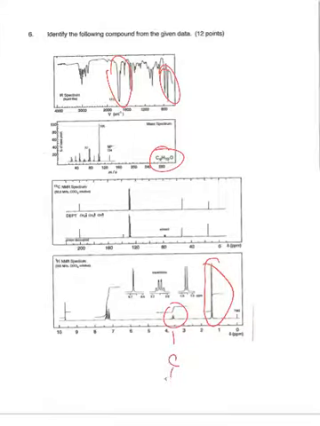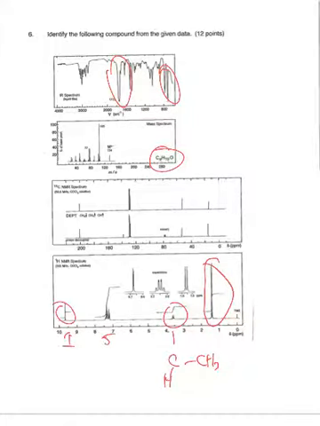The next question, we have a formula of C9H10O, we have a carbonyl, we have a mono-substituted aromatic ring, we have a doublet and a quartet. The quartet tells us this has to be a hydrogen next to a CH3. This tells us we have to have a CH3 next to a hydrogen. When we measure out the integration, we'll get 1 hydrogen here.